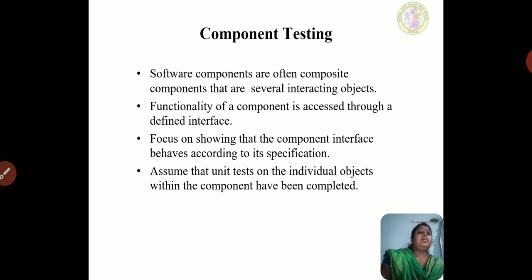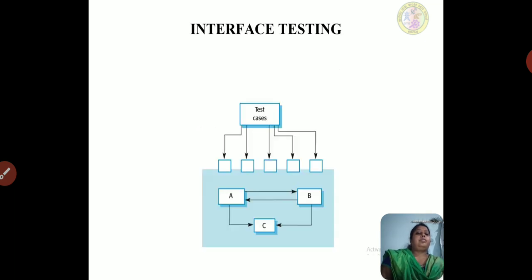For example, the unit tests on the individual objects within the components have been completed. That can be represented in the interfacing diagram. We have it in interface testing. The test cases are divided into different modules, each with separate blocks.